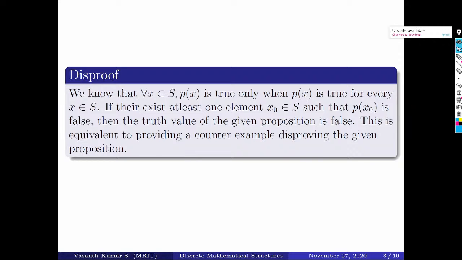Proposition P of x is true only when P of x is true for every x belonging to S. If there exists at least one element x naught belonging to the set S such that P of x naught is false, then the truth value of the given proposition is false.